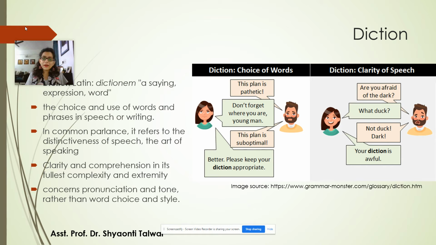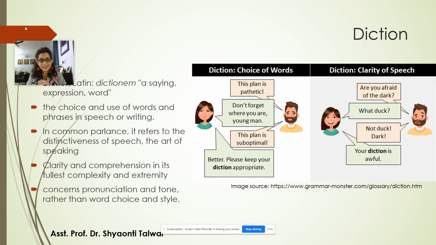And in common parlance, it refers to the distinctiveness of speech, the art of speaking, in fact, clarity and comprehension. Diction looks at conveying clarity and comprehension in its fullest complexity and extremity. And it also concerns pronunciation and tone rather than word choice and style.